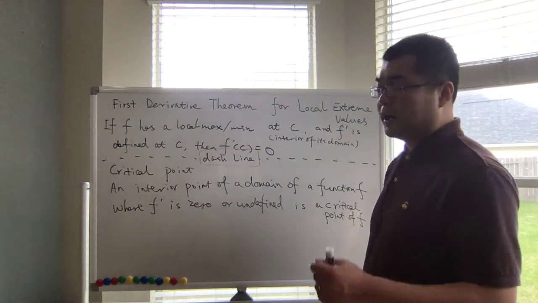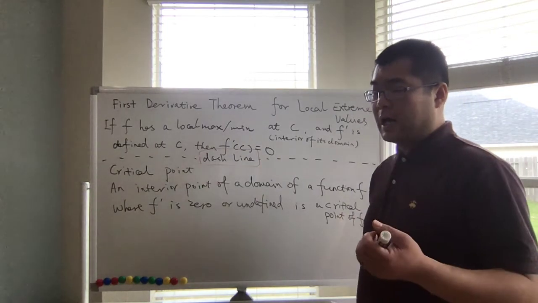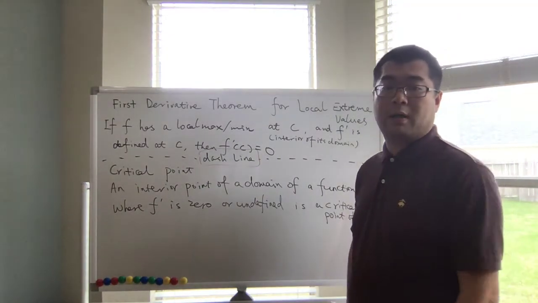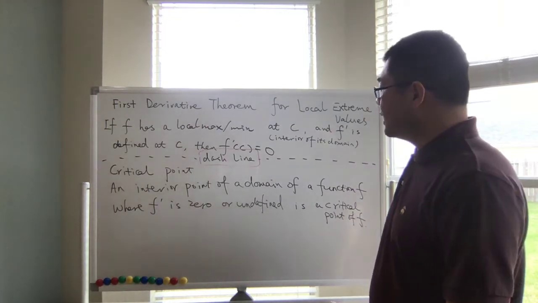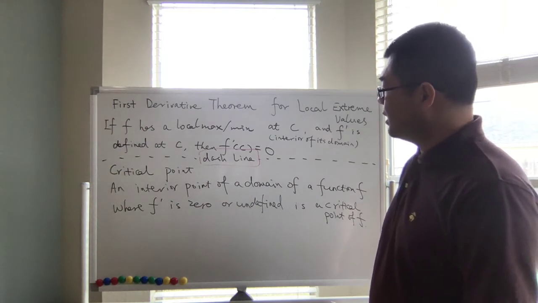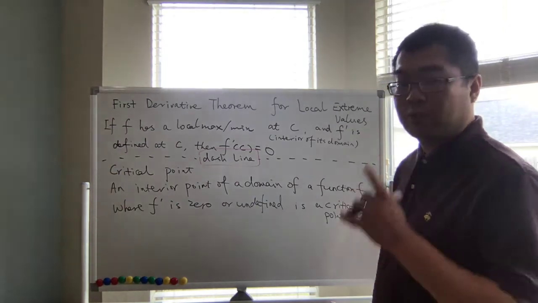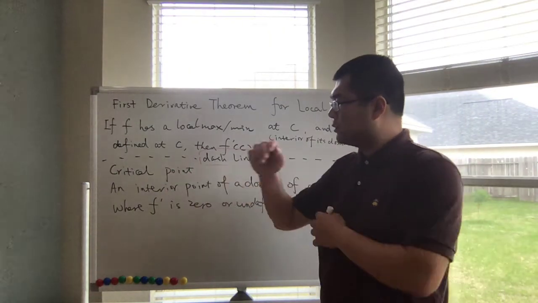In other words, if you have a local maximum at a given point and the derivative is defined at that point, then the derivative evaluated at that point is 0. Just to repeat it. With this theorem, now let's introduce one definition, a new concept called the critical point.